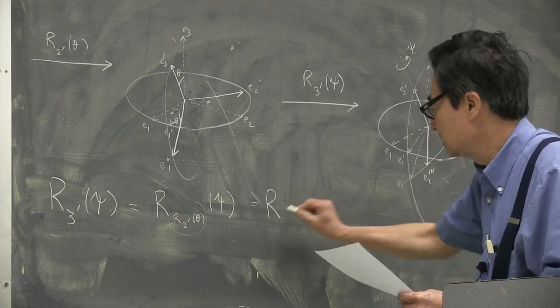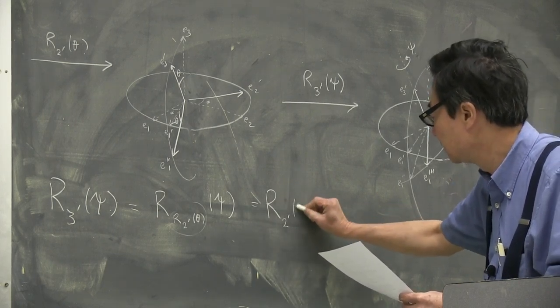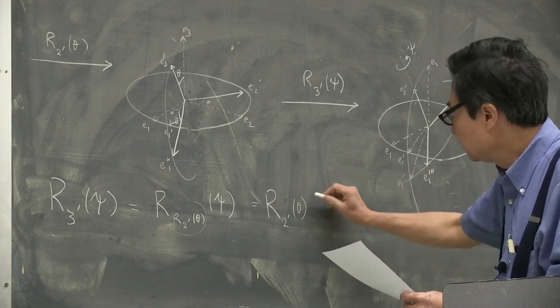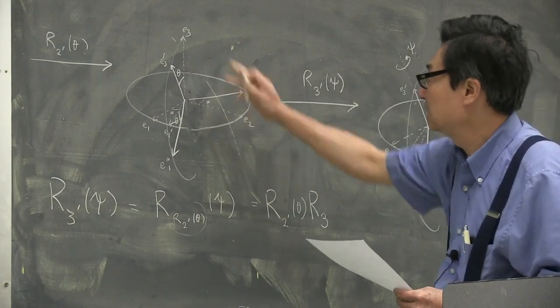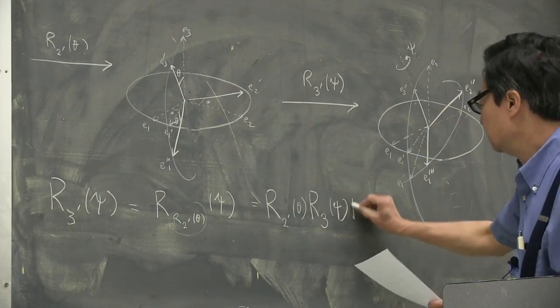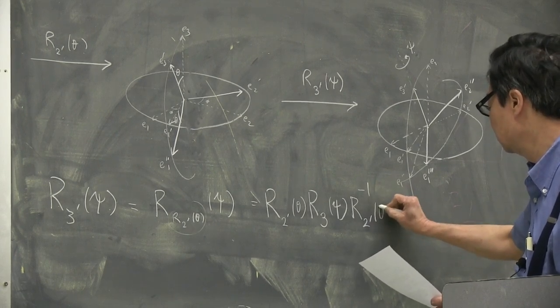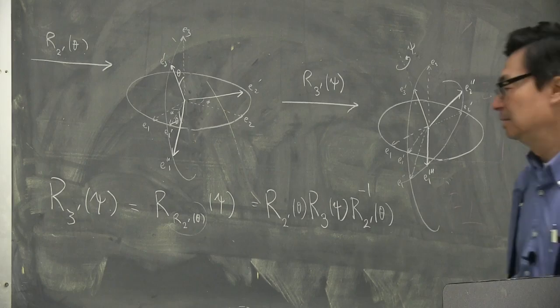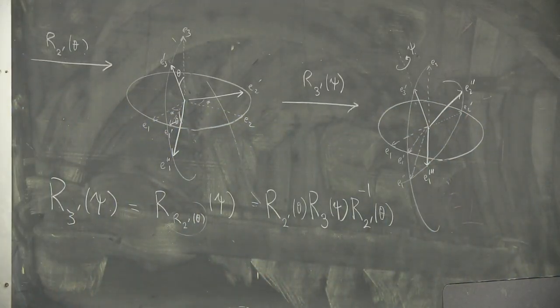Let me write it down first and see if you agree with me. So I can write this as R2 prime theta, then rotation about the third axis, which is this one, by psi, and then finally the inverse of this rotation about the 2 prime axis. And this equality is obtained by making use of this lemma.